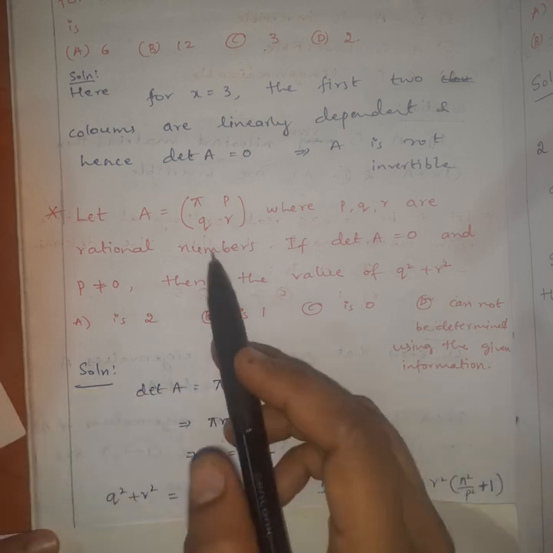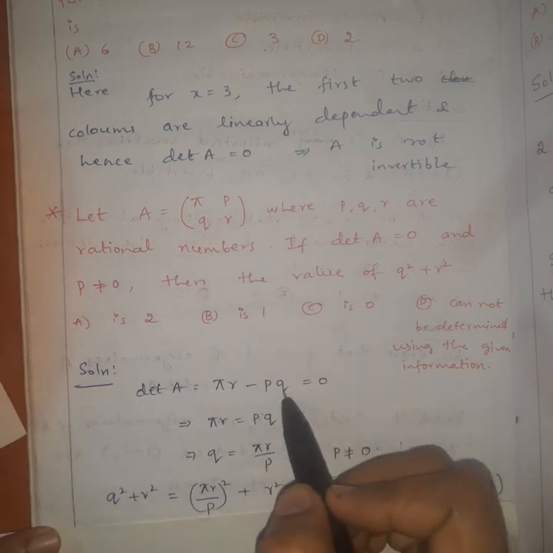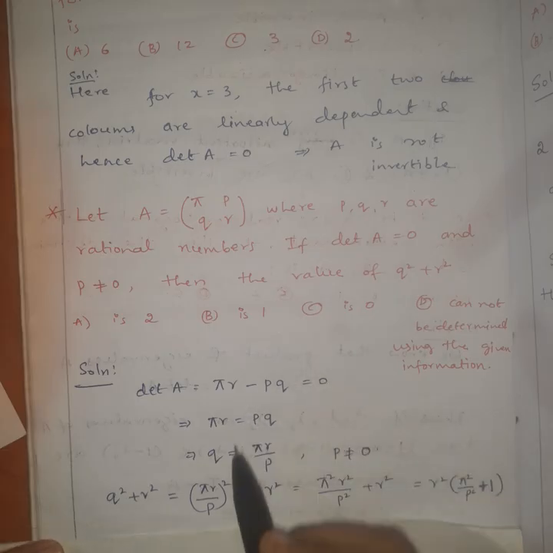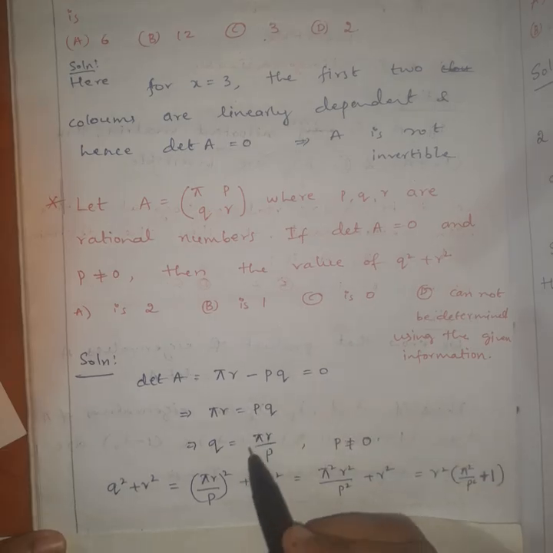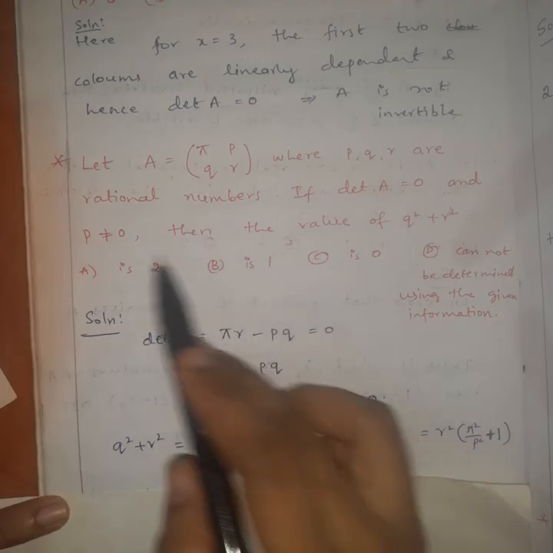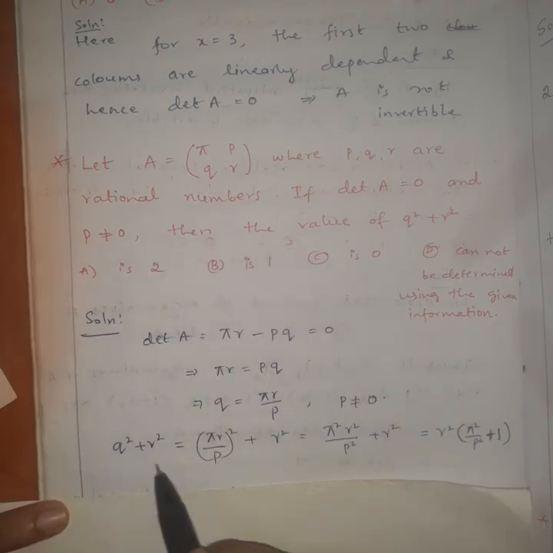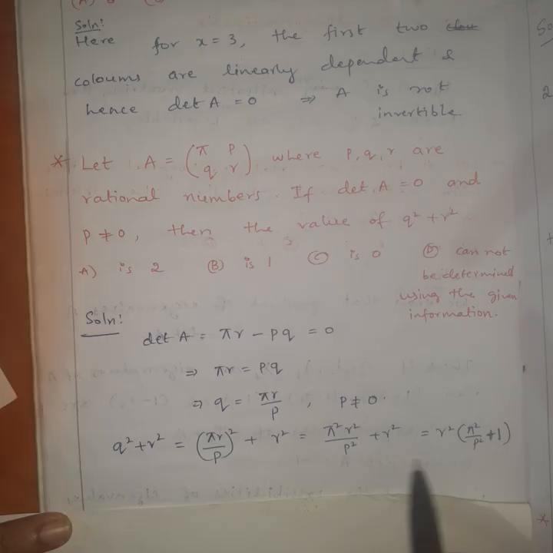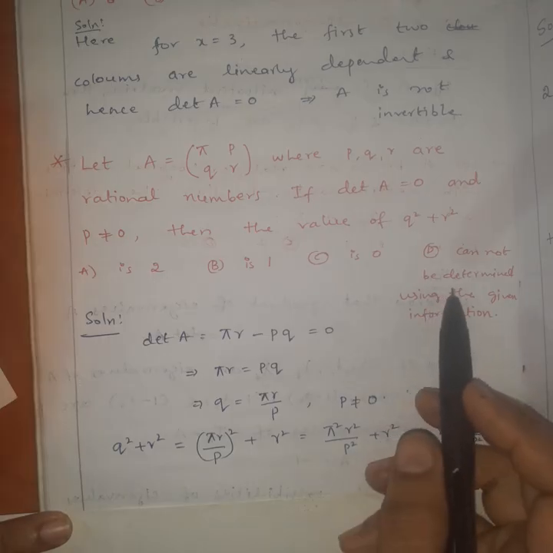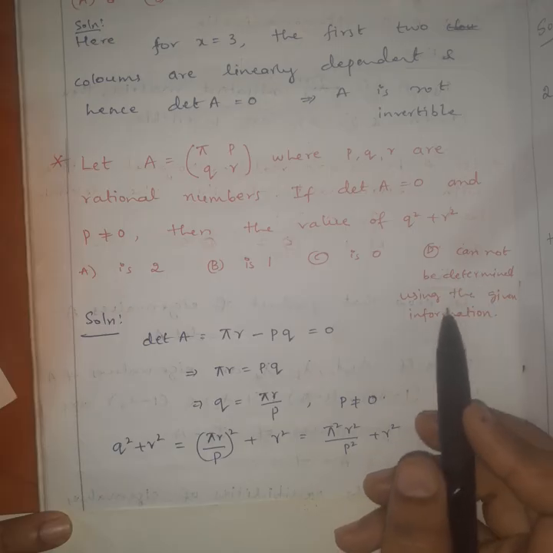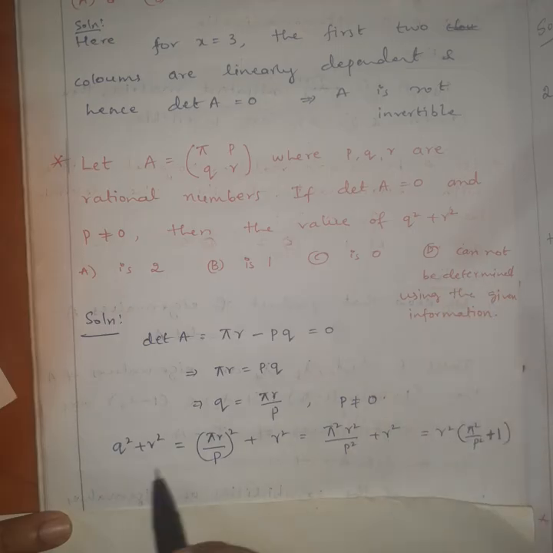So here determinant of A is pi r minus pq, which is given as 0. So we get pi r equal to pq, or q is equal to pi r by p, given p is not equal to 0. Now for q square plus r square, we will get this. So I think option D is correct, that is, cannot be determined using the given information. For q square plus r square, they have not given the value of p, so we cannot evaluate.